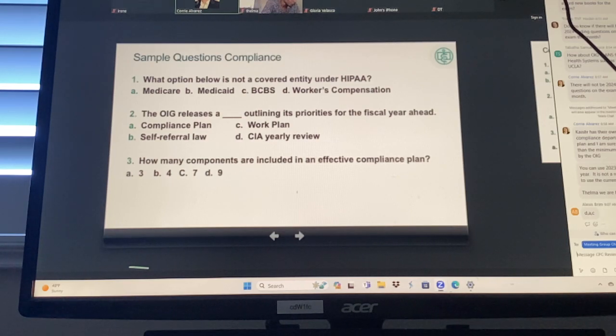And so every health plan is required to be a covered entity. Every medical facility is considered a covered entity, but workers' comp is not. It is on its own. So they didn't have to go to ICD-10.